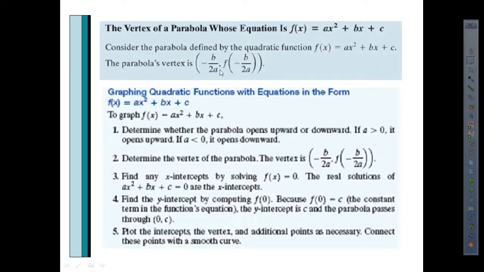Now what this is, this part right here. You're going to use x equals negative b over 2a to find the x component of the vertex. Once you do that, then you can take that x value, plug it back into your function, and find the y value for the vertex.